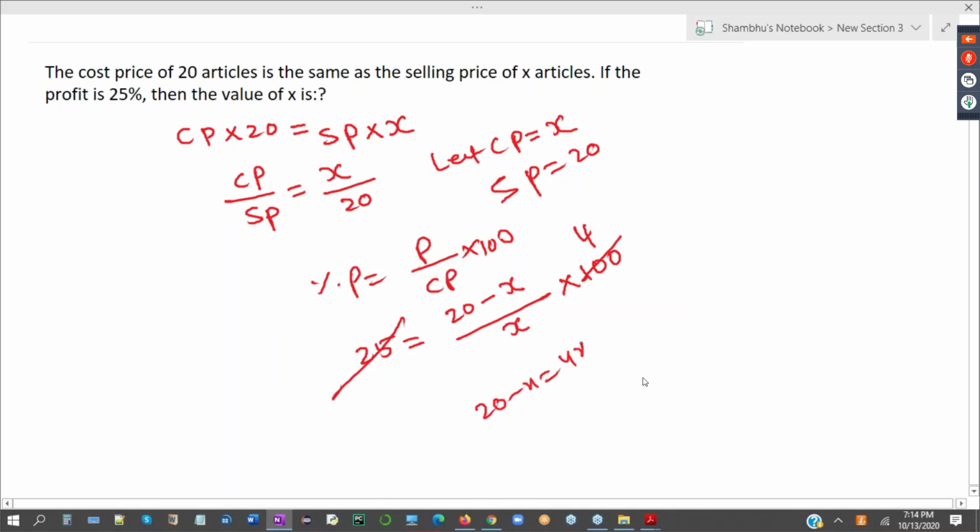So 20 minus X is equal to 4X. 80 is equal to 5X and X is equal to 16.